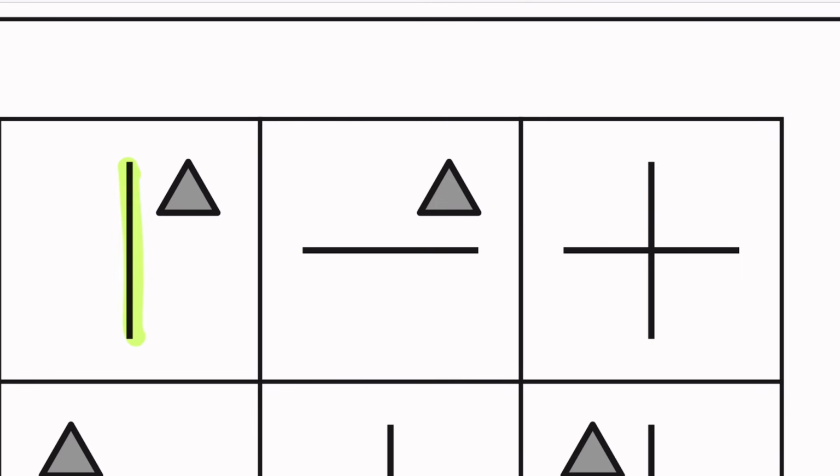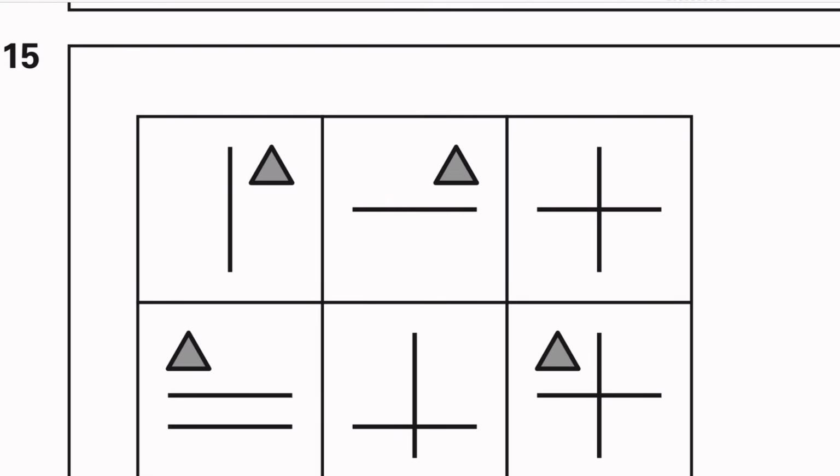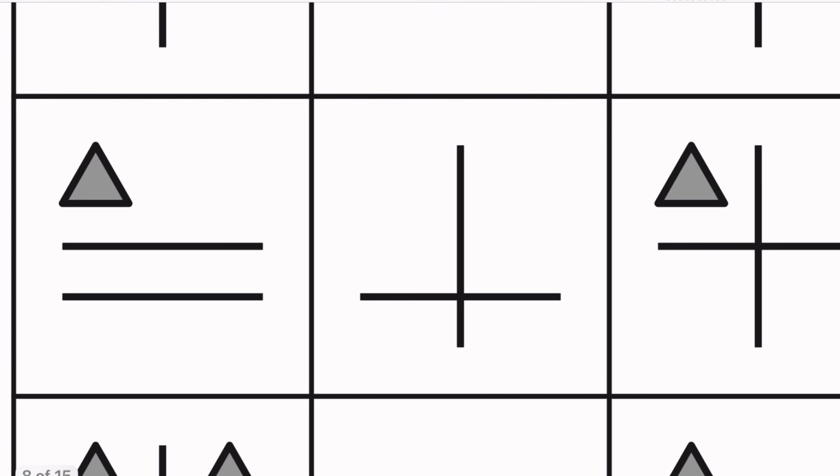Well, that could be because if one shape is in the same position in these two boxes, then they'll be eliminated or subtracted, okay? That's what I'm trying to picture. So let's produce this pattern and see if it works in the second row. So here we see that this line is in the same position as this line.